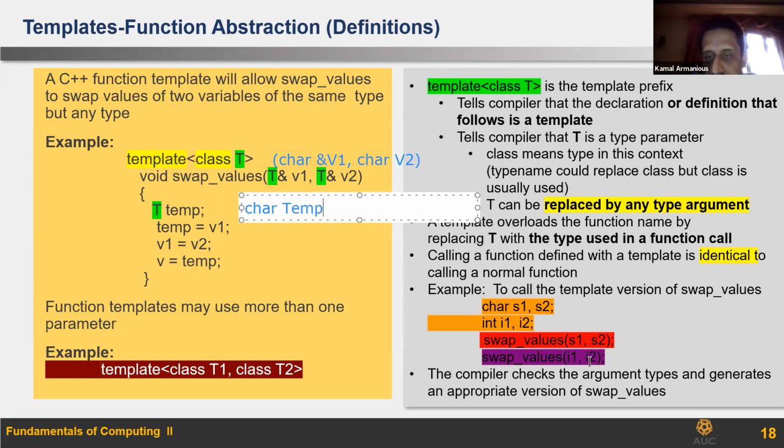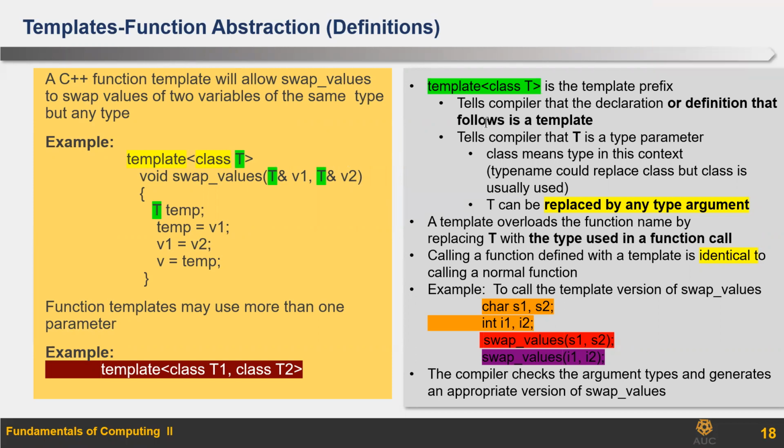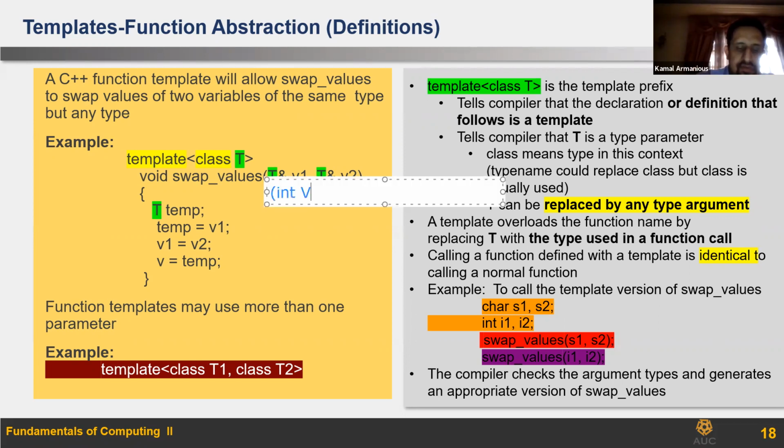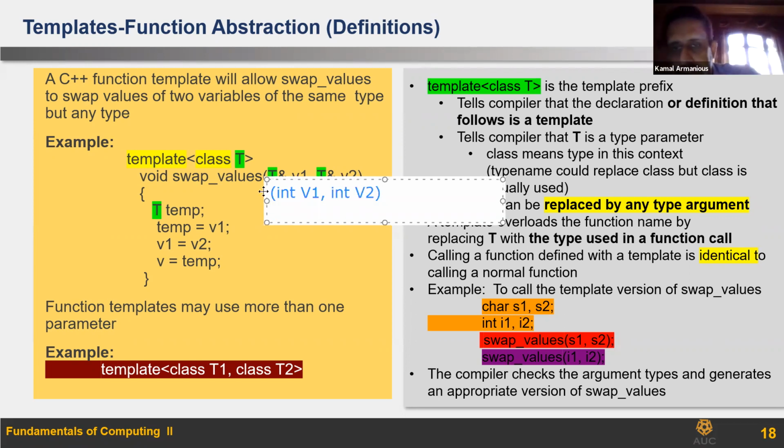Swap values I1 and I2. What's I1 and I2, Abdullah? They're integers. So what do you expect the data type for T at this second calling for the function? It will become int. Okay, that's fine. So as if it is int V1 and int V2. So this is called a function.